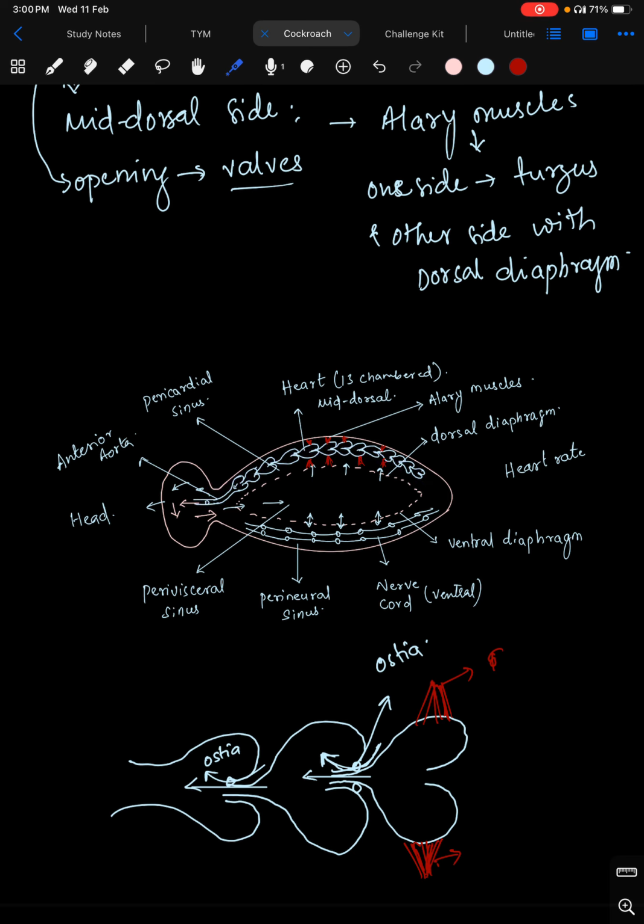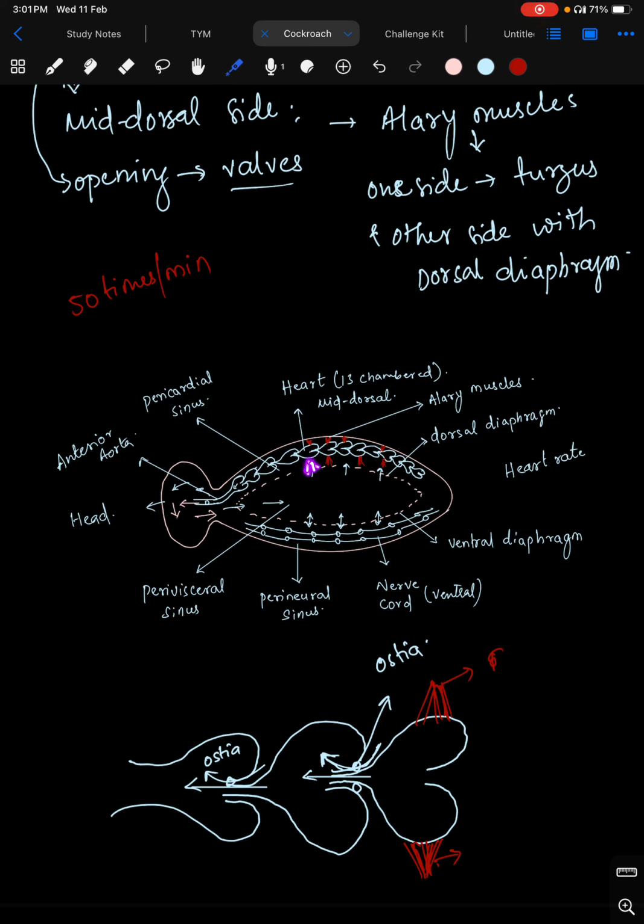And what is the beat of the heart? The heart beats about 50 times per minute. Like human beings, the human heart beats about 72 times per minute, whereas the cockroach heart beats about 50 times per minute. Here also systole and diastole are there, due to the contraction and relaxation of alary muscles.